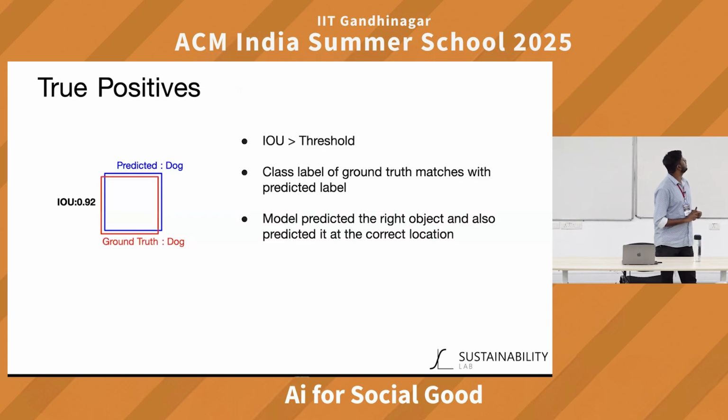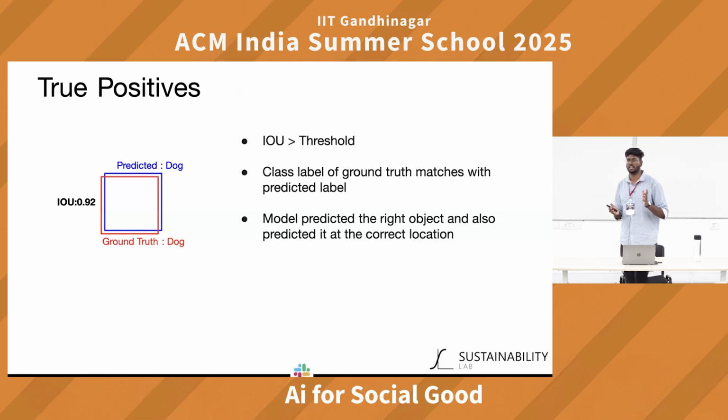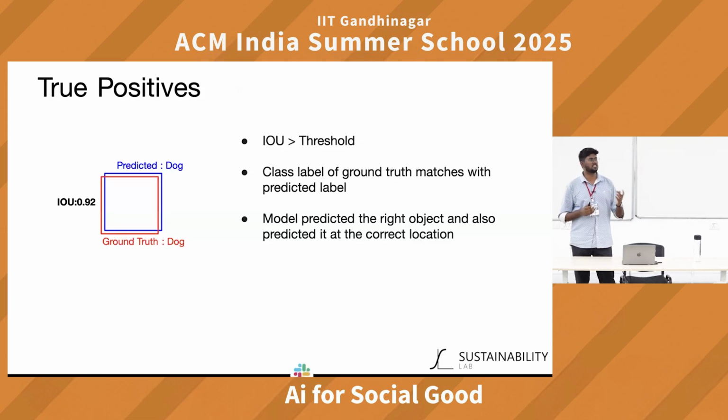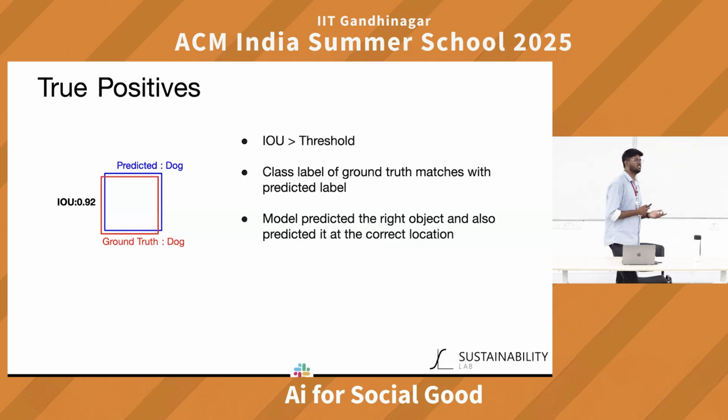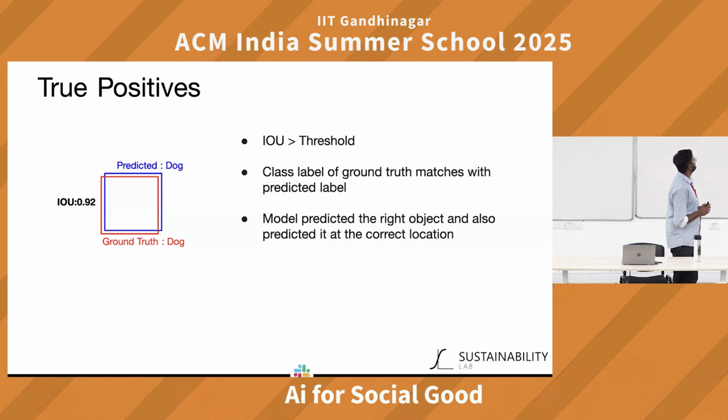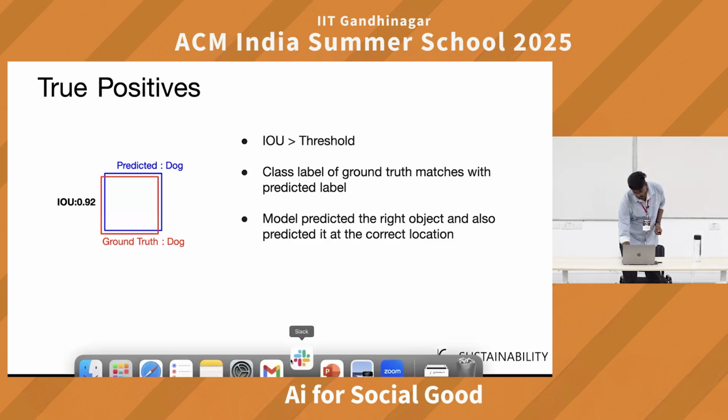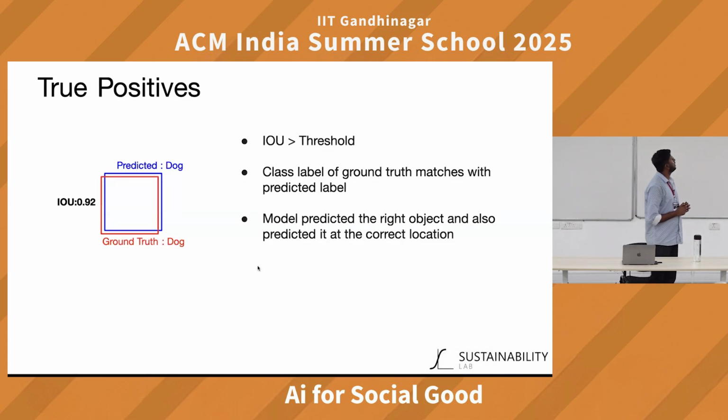Now, how do you estimate true positives? Once you have a bounding box, there are a lot of scenarios. If I want to calculate precision and recall for a bounding box, how would you do that? For example, in this scenario, I have an IOU of 0.92. I predict dog and the ground truth was dog. So how do you estimate true positives?